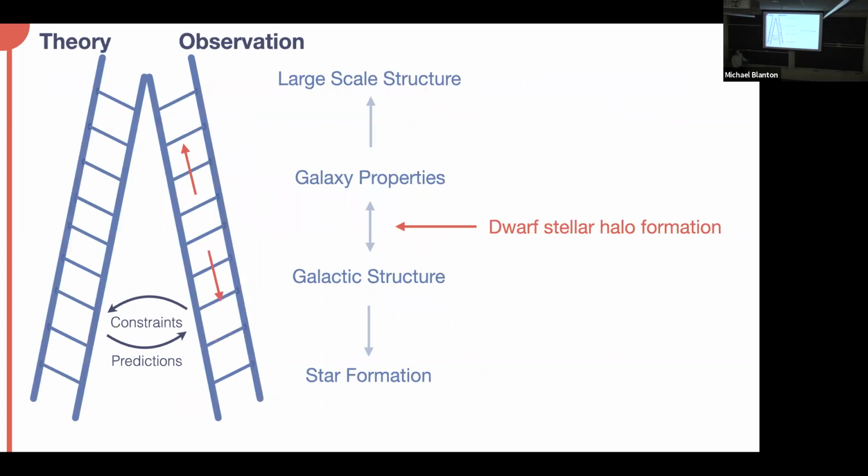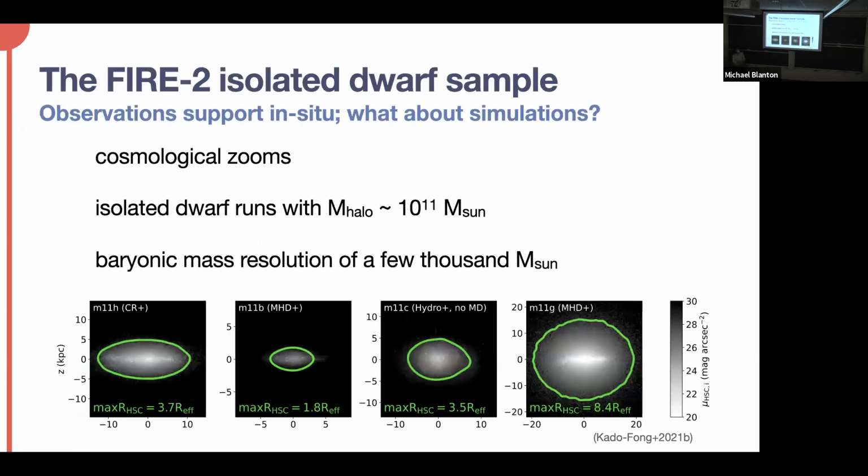Okay. So now we have these observations of stellar outskirt formation around these dwarf galaxies at hand. The next question is, what does that actually tell us about this overall picture or analogy that I constructed earlier? To do this, as I mentioned before, we turn to the FIRE isolated dwarf sample.